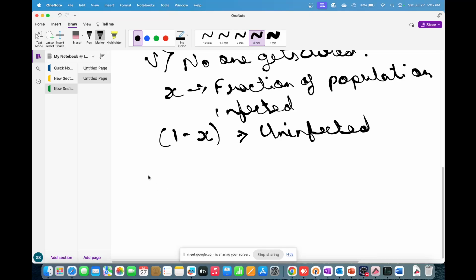Then the rate of change of infected population is proportional to the fraction of infected population and is also proportional to the fraction of uninfected population. So your dx dt will depend on both x and 1 minus x.